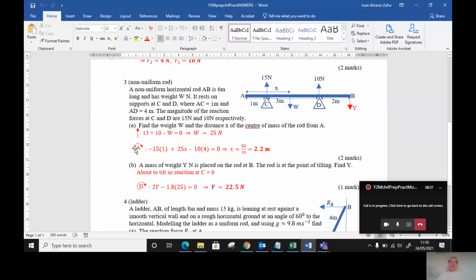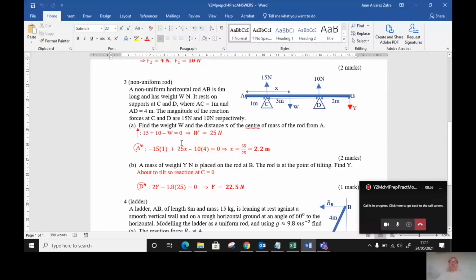And now if we take moments about some location, for example A, it could have been about C or about D, but I'm taking clockwise moments about A, then we can see that the 15 Newton force has a moment of minus 15 times 1 clockwise, because it is in fact anti-clockwise.